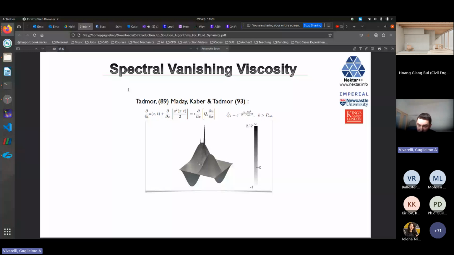So you've got your spectral vanishing viscosity, or SVV. If you consider the nonlinear Burgers equation, which you see in the equation there, except for the right-hand side, which is the damping criterion, in the bottom image when you plot it, you can see that spikes occur where the high order nature of the solution starts accumulating energy because there is not enough resolution.